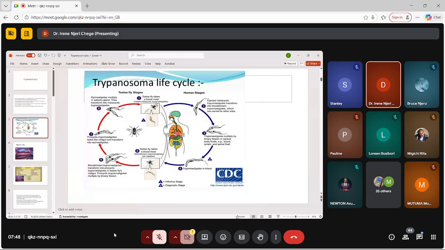And then this West African type is caused by gambiense. So to remember, Gambia is in West Africa. So the West African type is in the Gambian area, and this one is what causes the West African type of disease, West African trypanosomiasis or sleeping sickness.